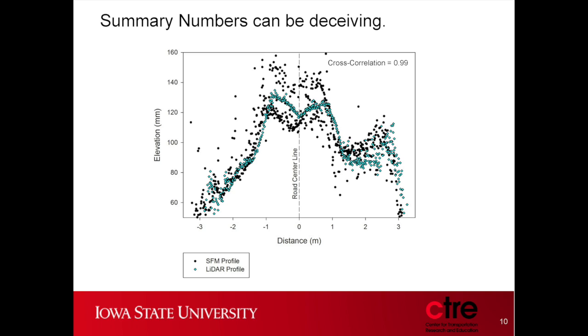Because the other profile is within that error cloud, I would say, or scattered cloud. As long as it falls inside it, the cross-correlation won't reflect anything. So if we're comparing two profiling techniques, visualizing the profiles themselves is crucial because sometimes numbers can be very deceiving, I would say.